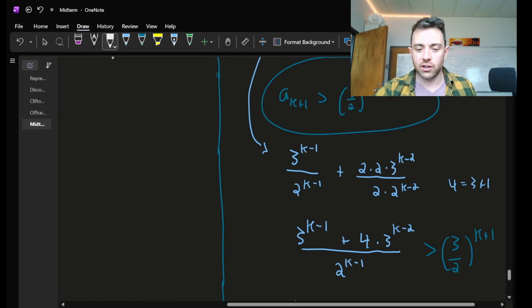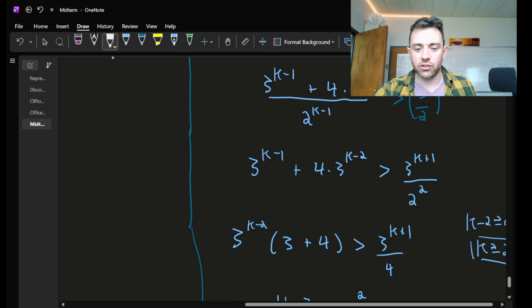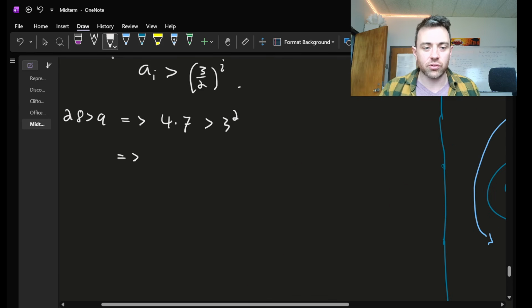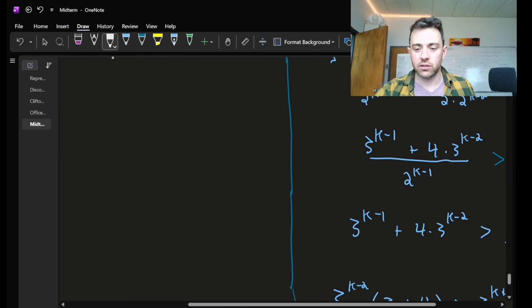Implies, sorry for all the jumping around, so implies, let's say 4 times 3 plus 4 is bigger than 3 to the k plus 1 over 3 to the k minus 1, was it? Is that correct?